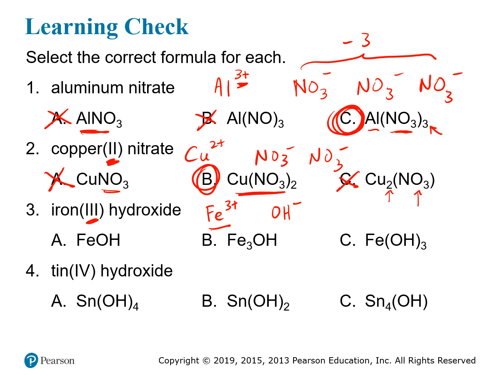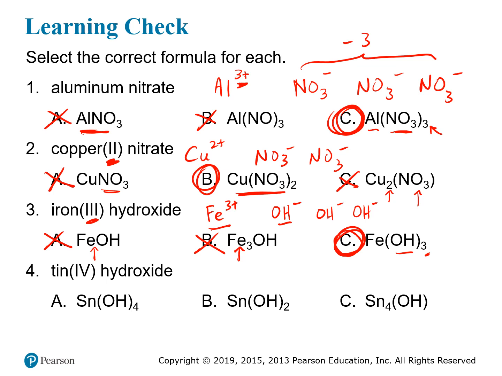If you want to balance 3 positives from the iron with a negative from the hydroxide, you're going to need 3 hydroxides. That means this is Fe(OH)3. Okay? The 3 is outside the parentheses. The OH is inside. Here it looks like 3 irons and 1 hydroxide, which is not correct. Here it's just 1 of each, and that's not correct.